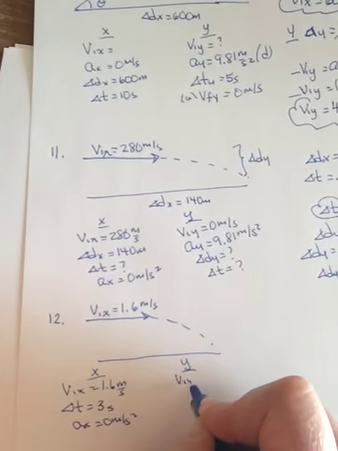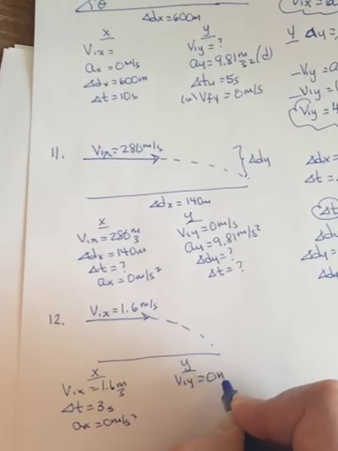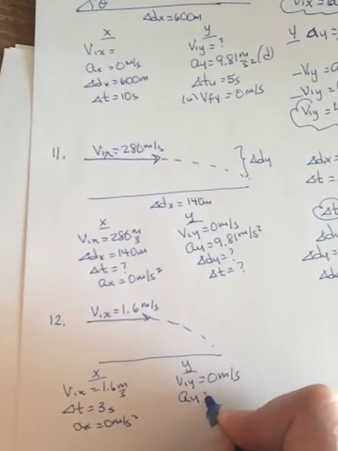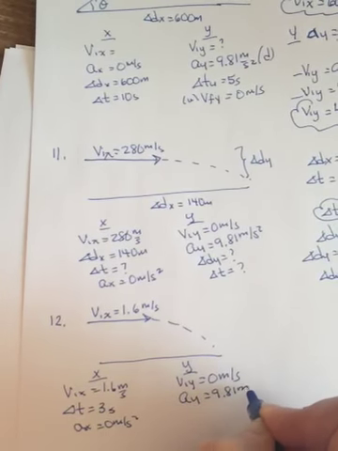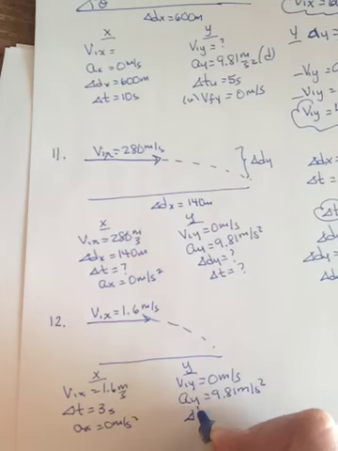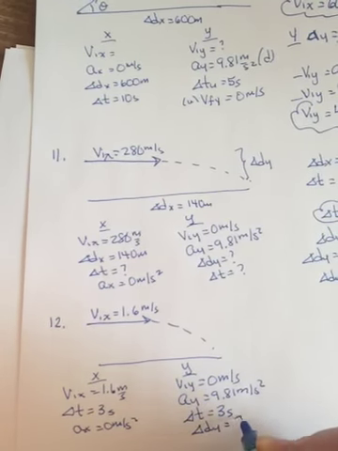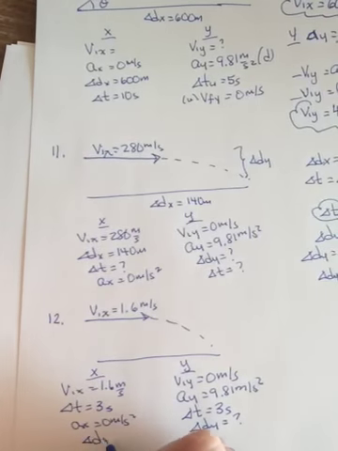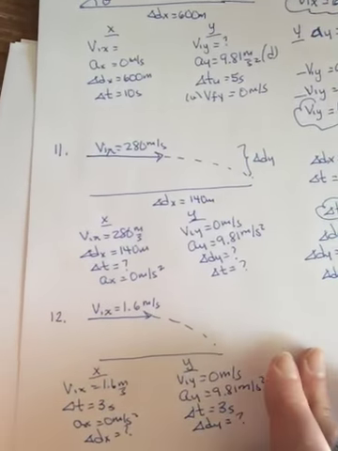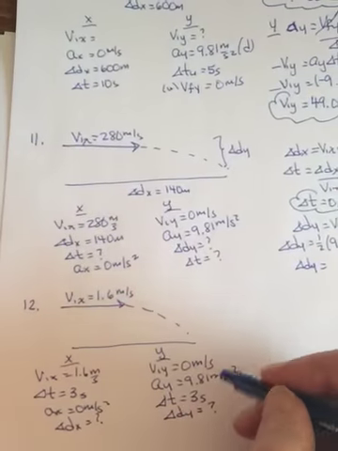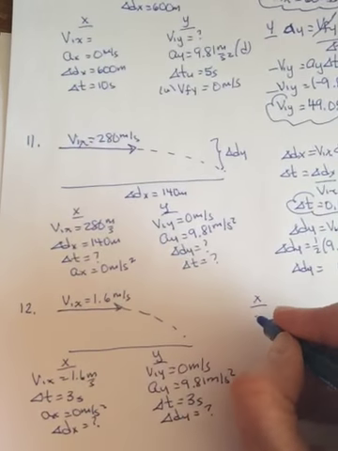In the y direction, viy 0, ay 9.81 meters per second squared, delta t 3 seconds. We don't know delta dy, we don't know delta dx, but I do believe that's exactly what they're asking for. One unknown in each side, pick a side, start there.